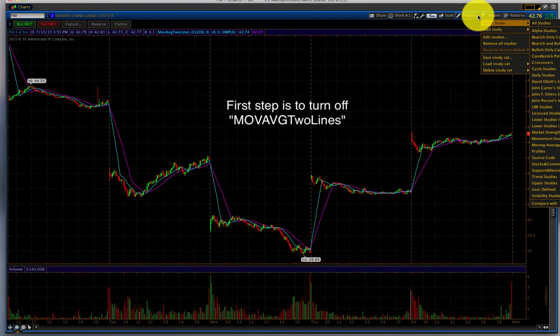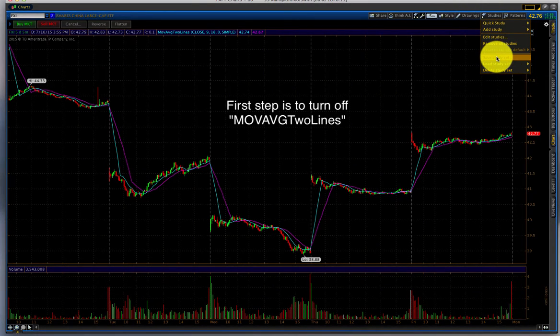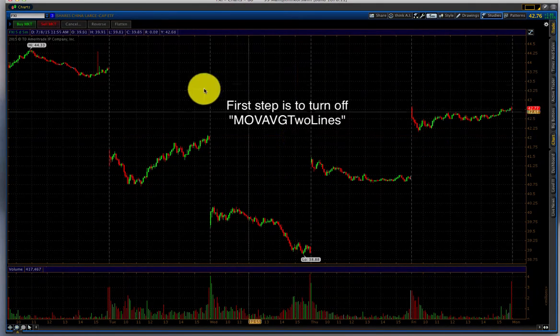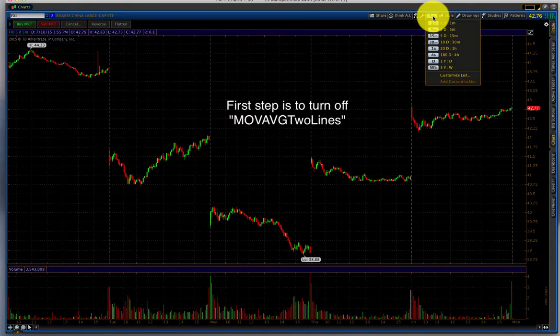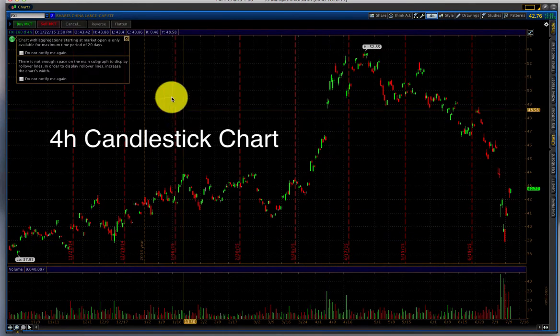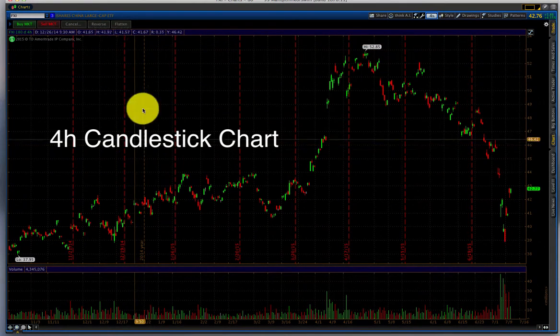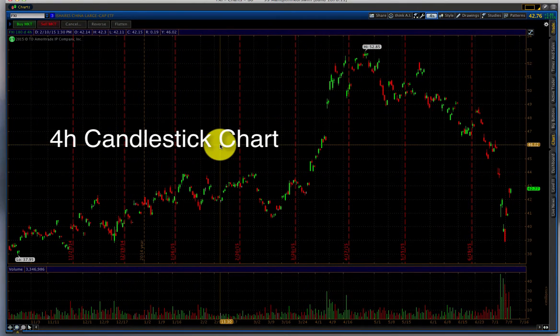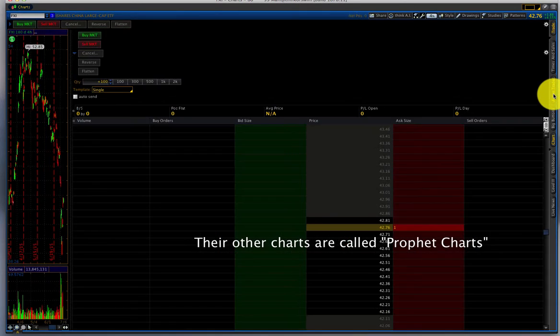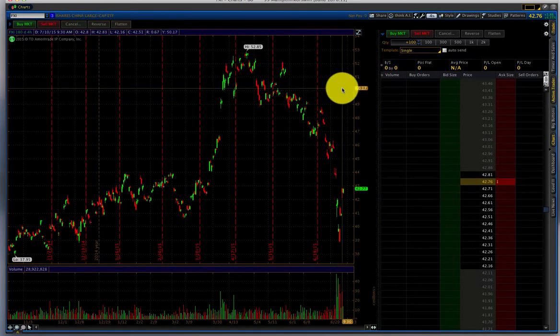Alright, so let's take away the 2. We'll go to a 4-hour chart. There are other charts on ThinkorSwim, obviously, but I like using the one that's related to the active trader window.